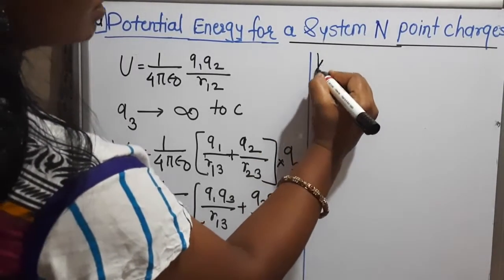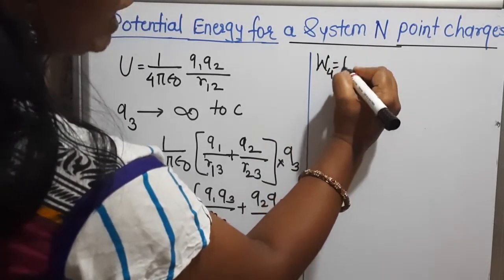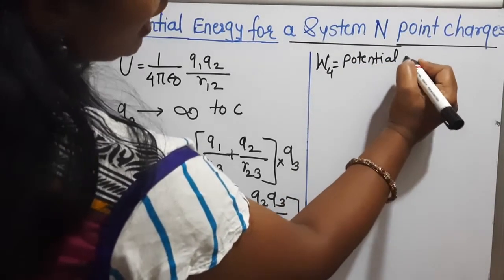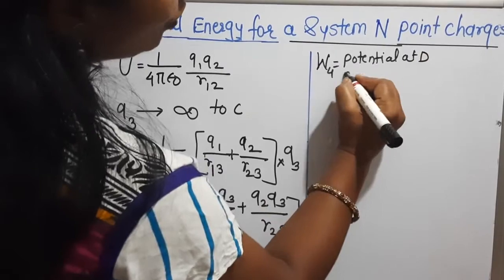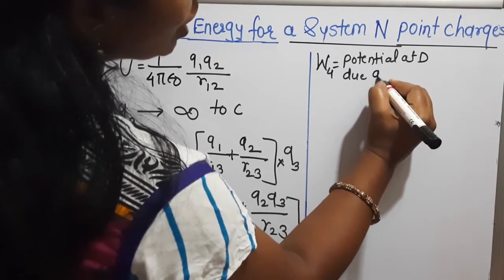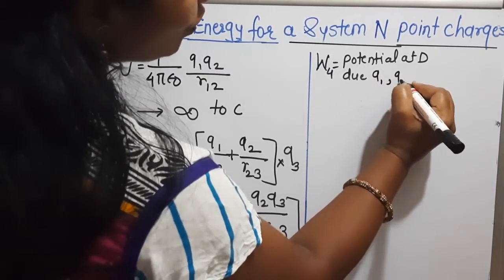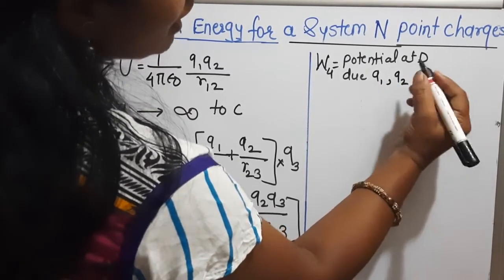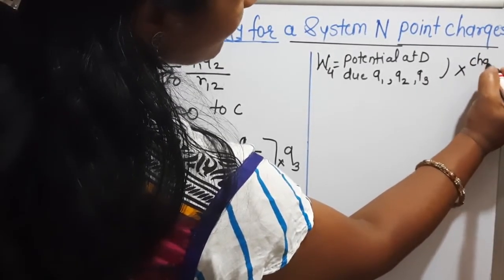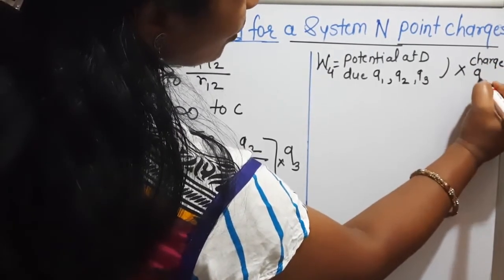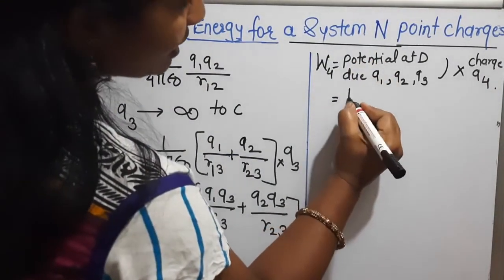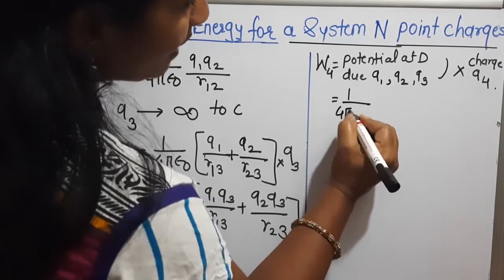So the work done W4 is the potential at D due to charges Q1, Q2, Q3 multiplied by charge Q4. The potential is 1 upon 4 pi epsilon 0.